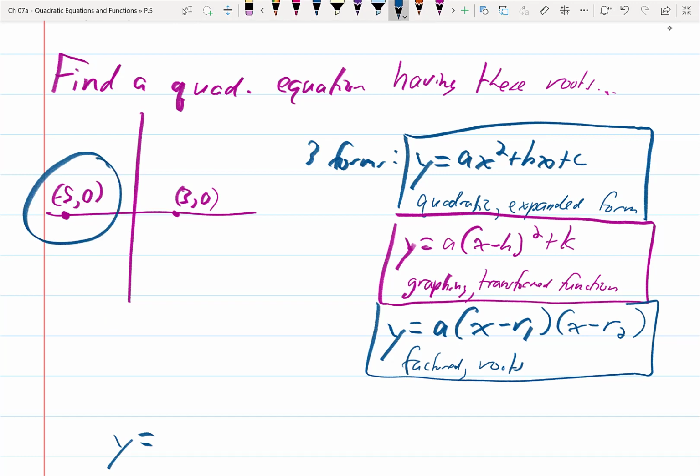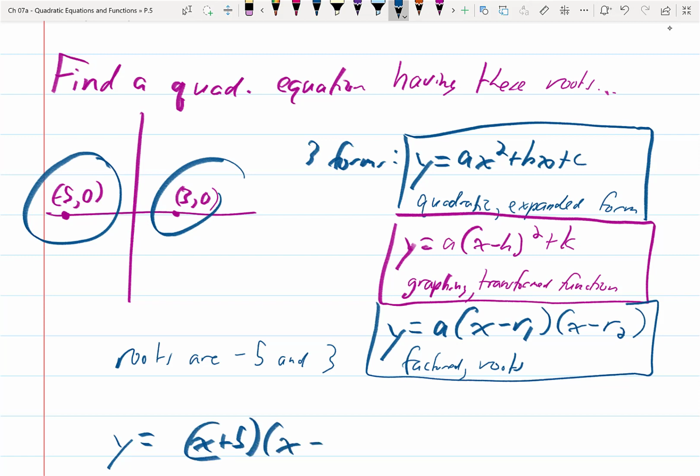Actually, from this particular equation, I can say the roots are -5 and 3. I don't want to write it as an ordered pair. I just want to be careful. So one possible one is to say (x plus 5) and (x minus 3).